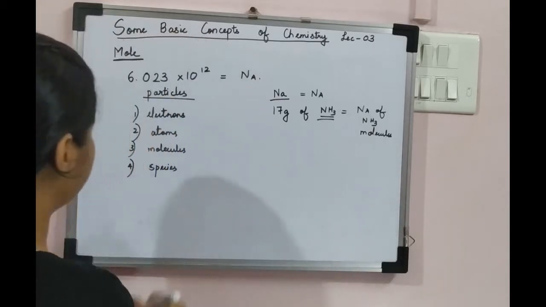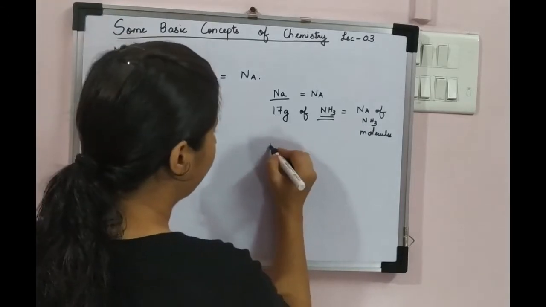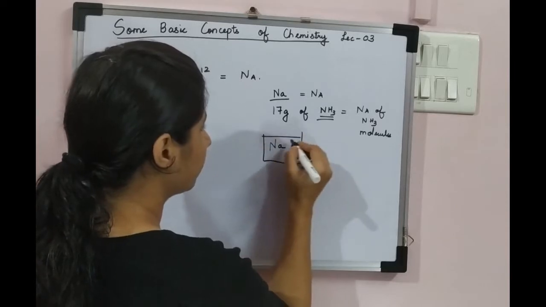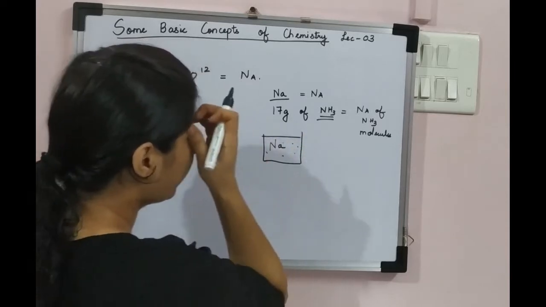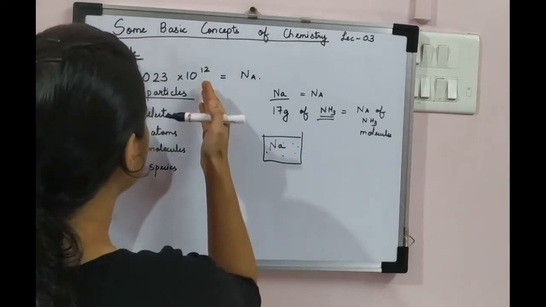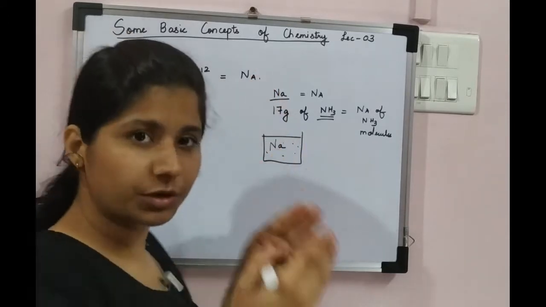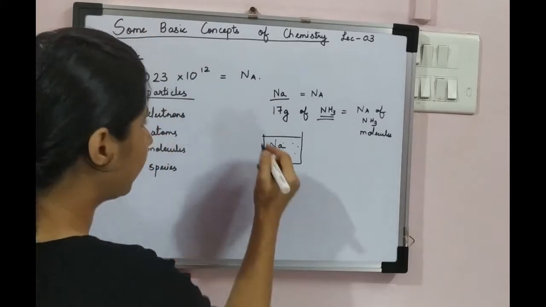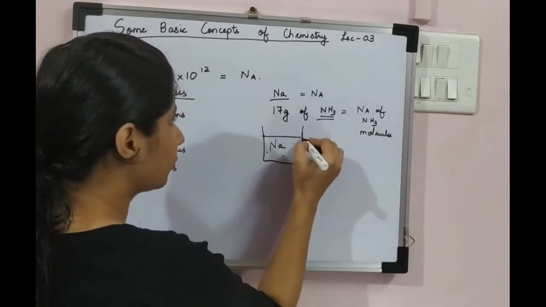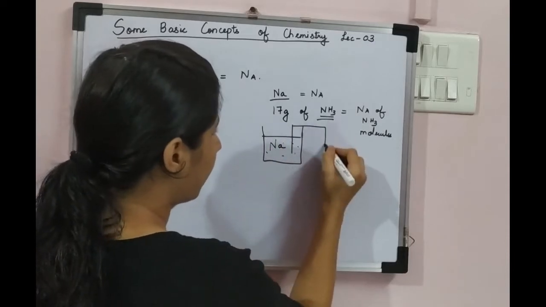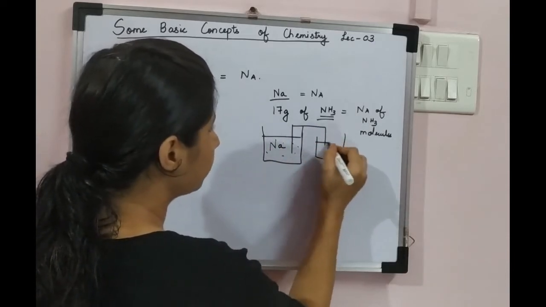Other than that, if I take Na and put this in a solution, where there is water, what happens if I take 6.023 × 10^23 atoms of sodium in a solution and I pass electricity through this? Say I have a solution of NaCl and I pass electricity through the solution.